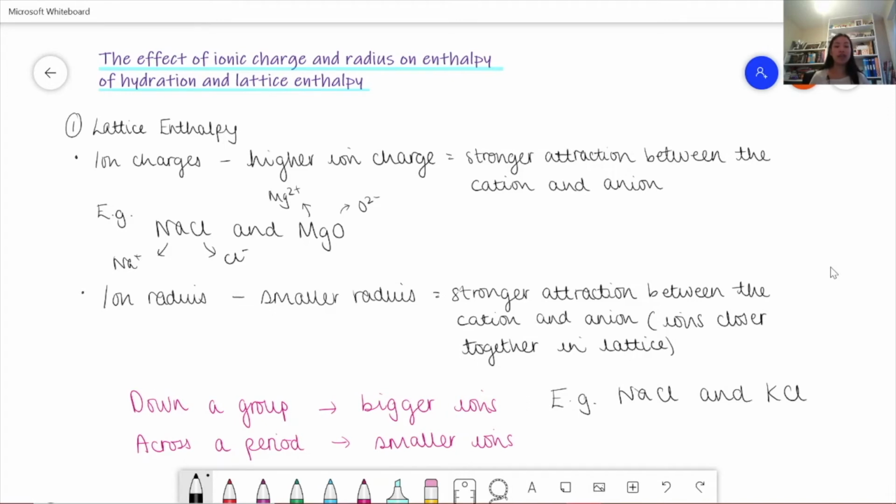So for example, if we looked at sodium chloride and potassium chloride, sodium is group 1, period 3, and potassium is group 1, period 4, which means potassium is underneath sodium in the group. And so potassium has a much bigger ion radius because it's got that extra electron shell. And so the lattice enthalpy of sodium chloride will be bigger than the lattice enthalpy in potassium chloride.